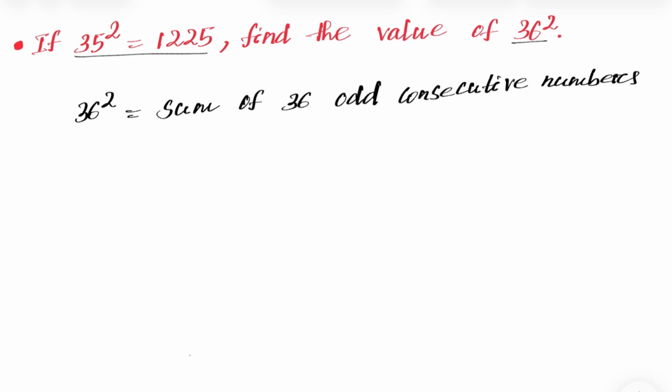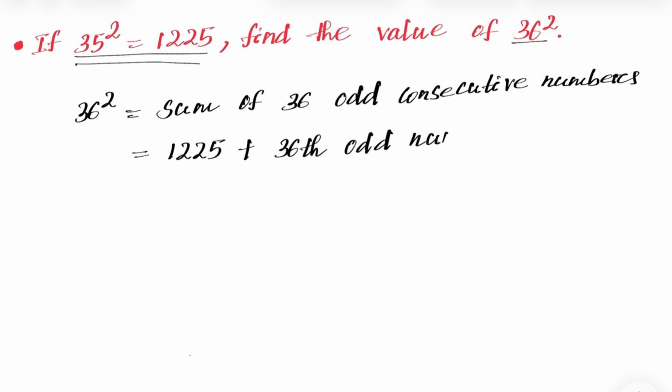So 36 square can be written as the sum of 35 consecutive odd numbers starting from 1, which is the same as 35 square plus the 36th odd number. We know that 35 square is 1225. So it's 1225 plus the 36th odd number.